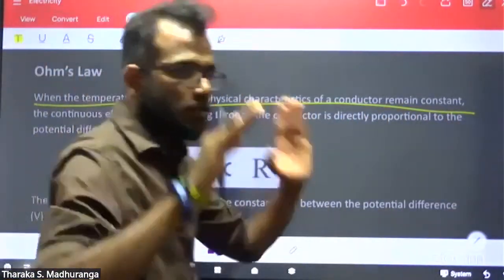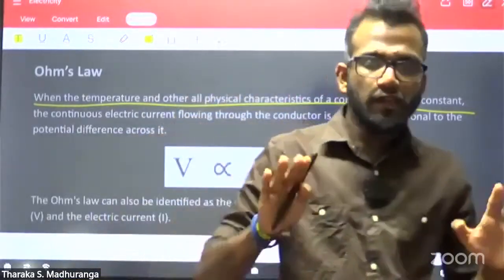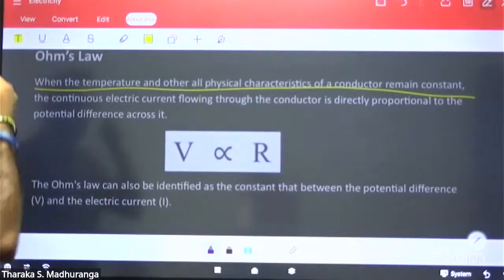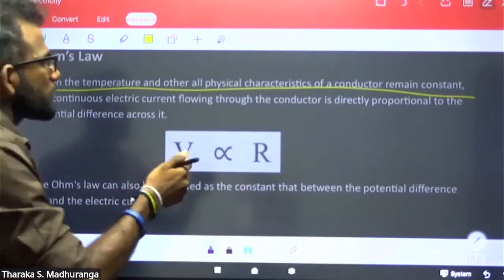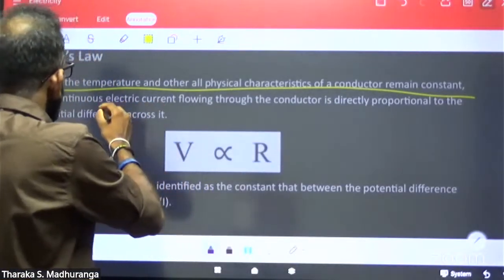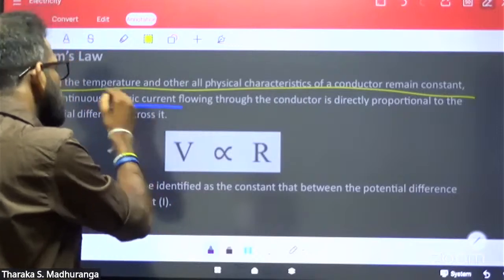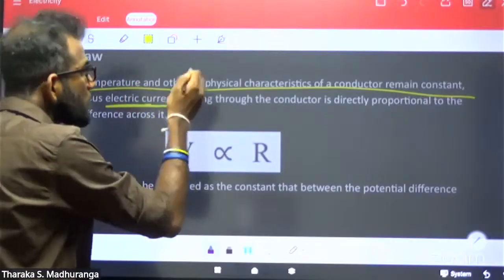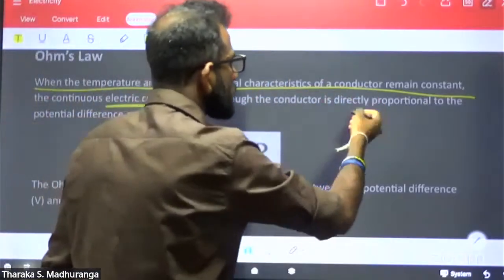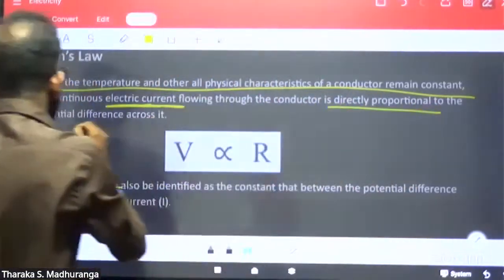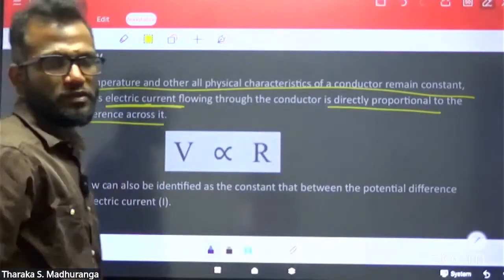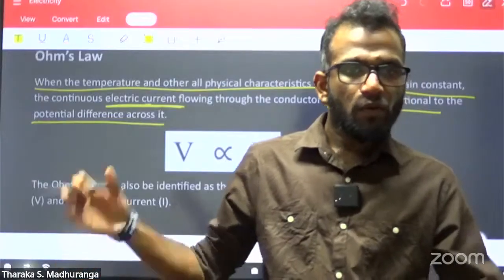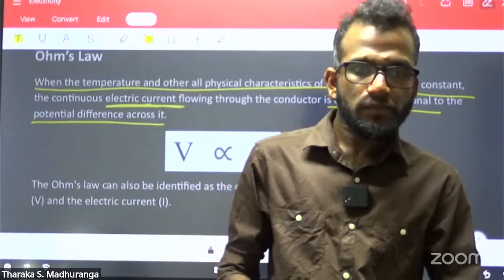The continuous electric current flowing through the conductor is directly proportional to the potential difference across it. Potential difference between two sides. Okay, that is Ohm's law.